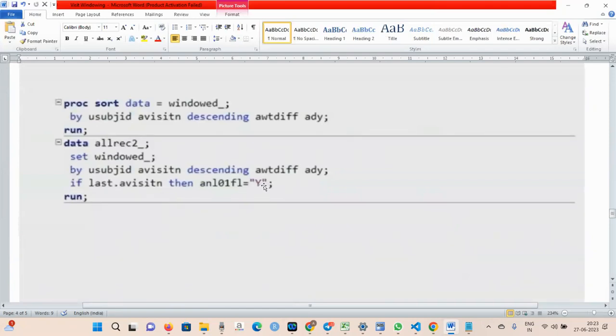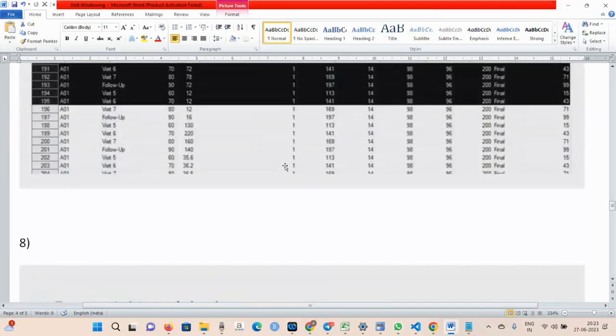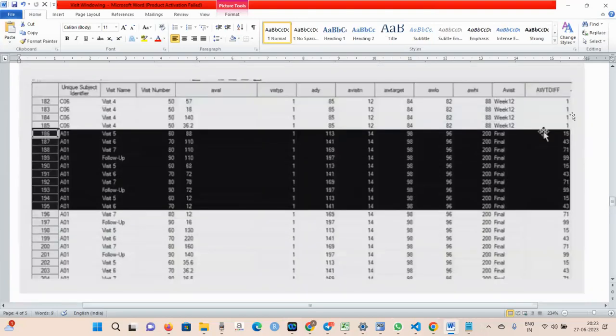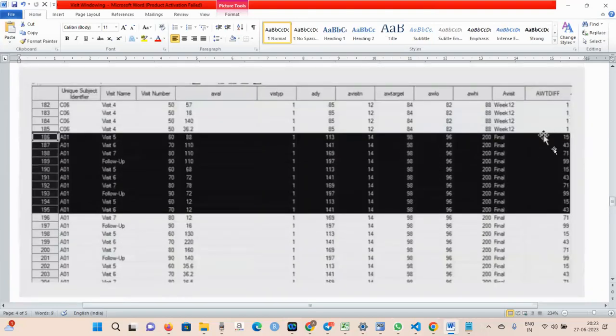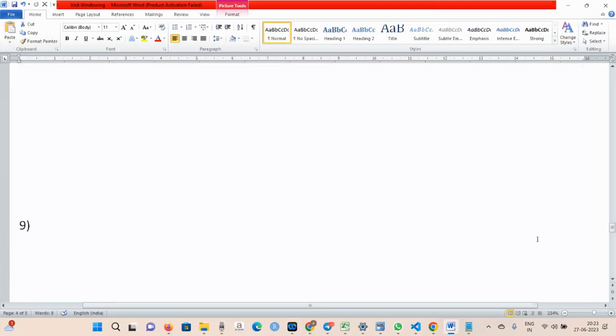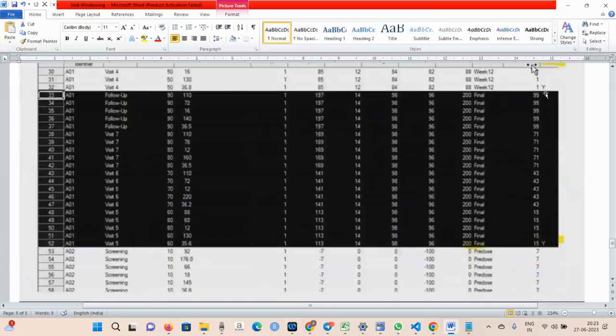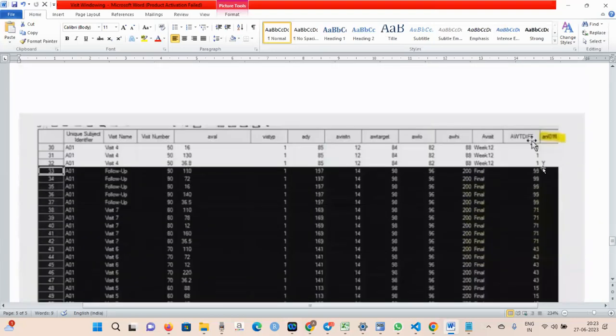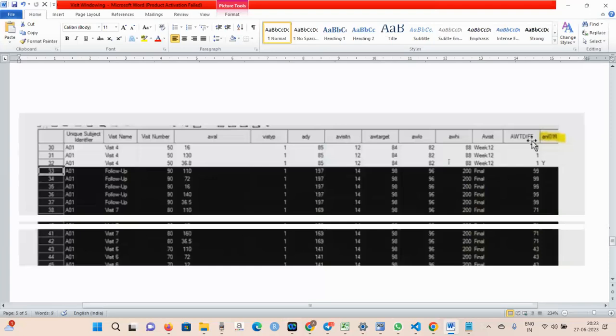And there is one analysis 01 flag, which is also very important. So what is the analysis 01 flag? The flag for the record which comes mostly near to the target date. The record nearest, closest to the target date is considered analysis 1, 01 flag as Y. So there is a flag you have to derive programmatically.